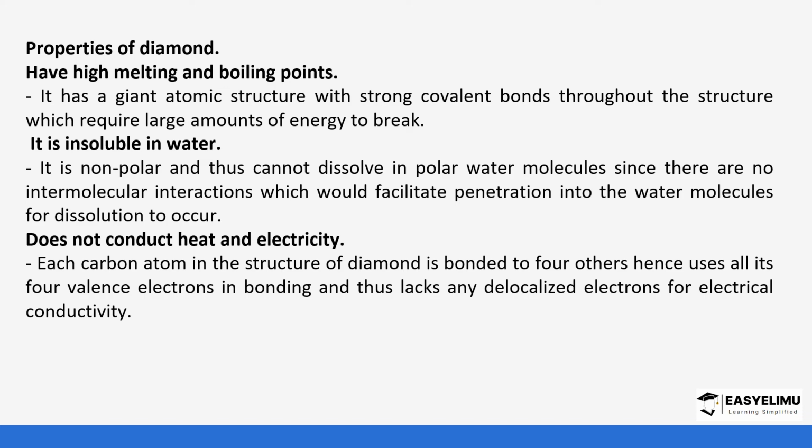The reason it doesn't conduct is because diamond is bonded by 4 carbon atoms, and all the 4 electrons are used in bonding, all of them. So we do not have any delocalized electron. If there are no delocalized electrons, then conductivity is not going to happen.